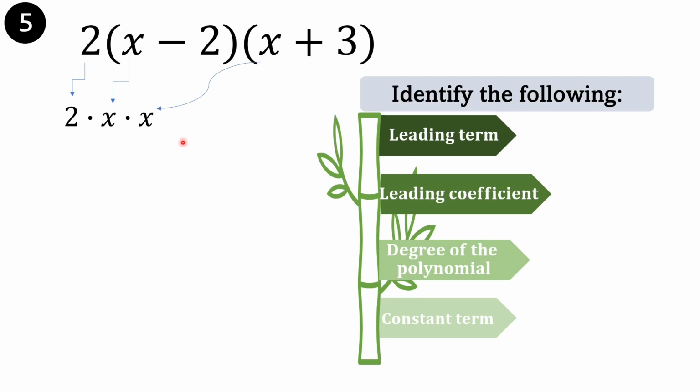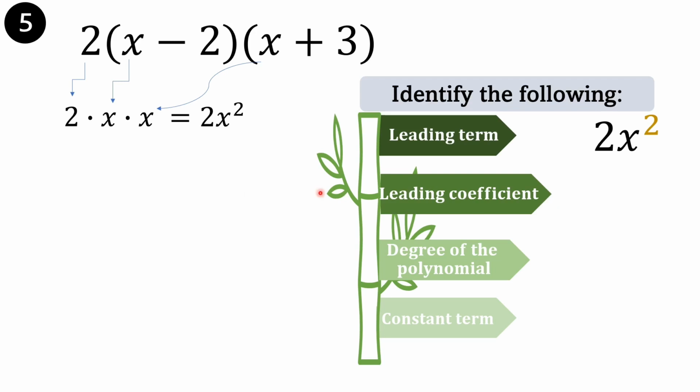That is 2 times x times x. By the law of exponents, in multiplication of the same base we add the exponents and multiply the numerical coefficients, and that is 2x squared. That will be the leading term.